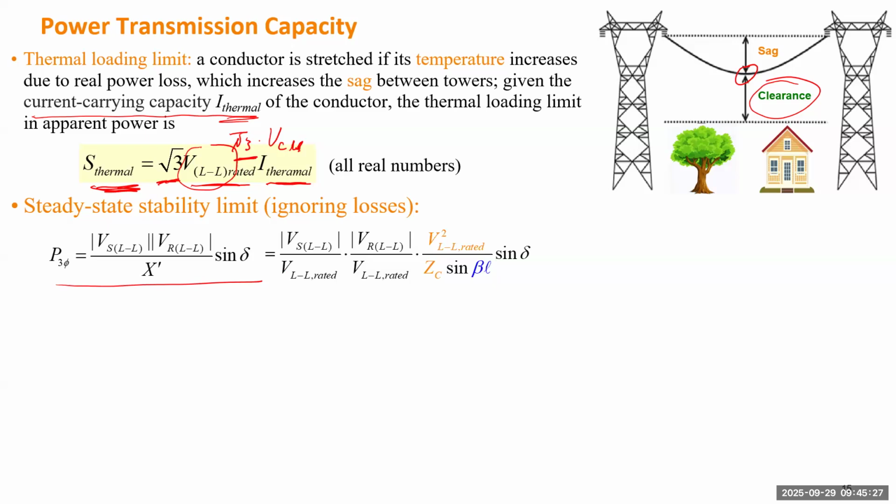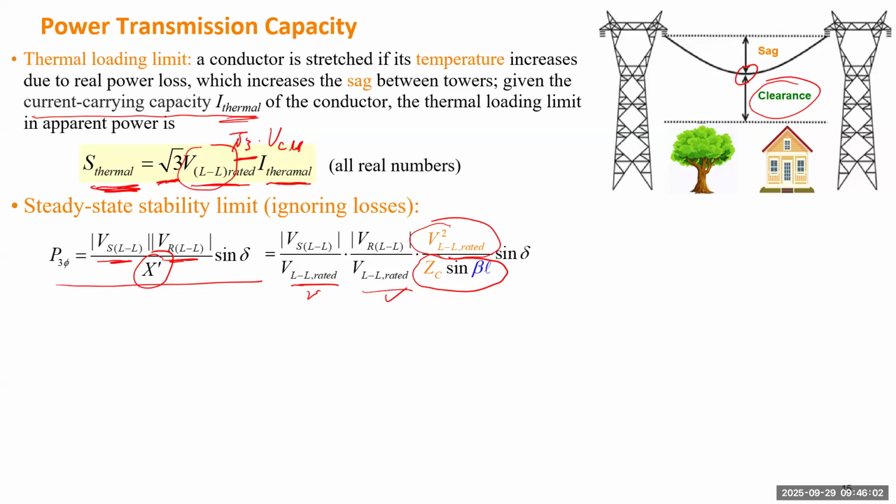So first we divide, because here we use the line-to-line voltage on the sending end and the receiving end. We divide each one by the line-to-line voltage, the rated value. X prime is equal to Zc multiplied by sine beta L. And to cancel the two rated line-to-line voltages, we also multiply the formula by the line-to-line voltage squared.